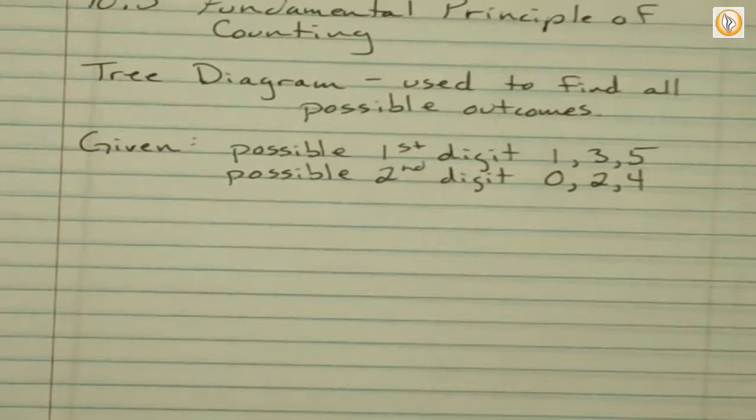So how many total outcomes can we have? It's kind of like rolling the dice sort of thing.